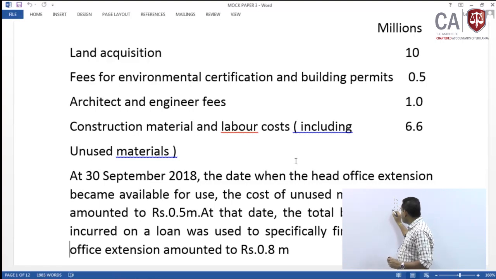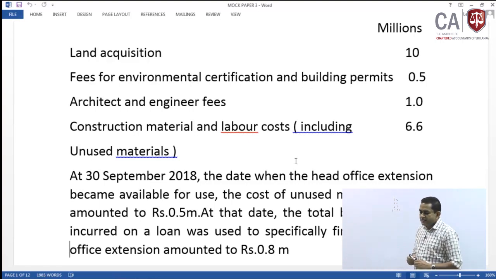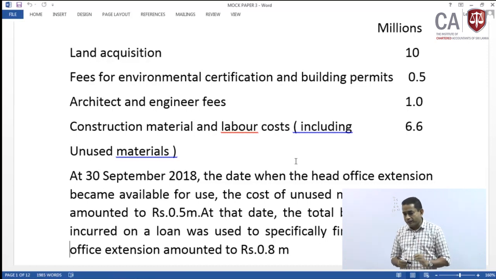So then you need to take only the materials consumed for the construction. We will take 0.5 million out. What is it? The value of the materials not exhausted, not consumed for the construction of the building.